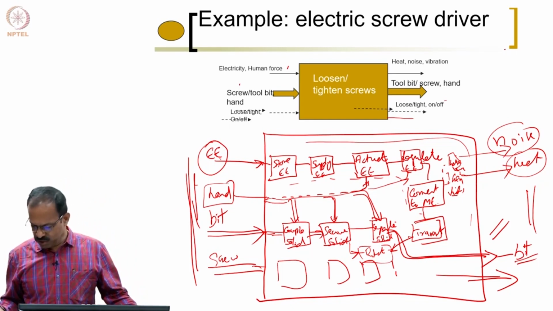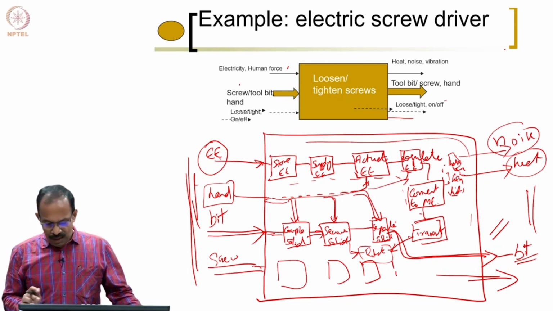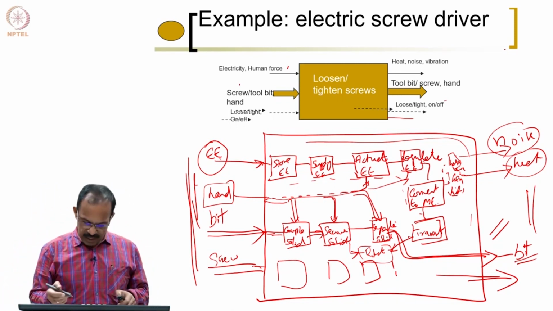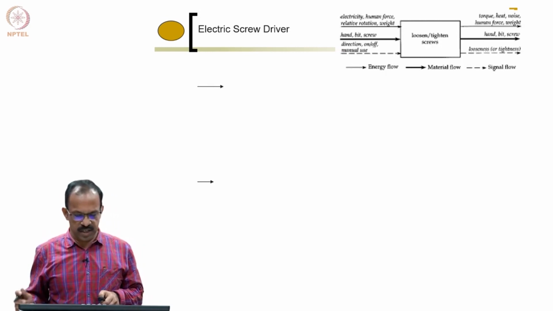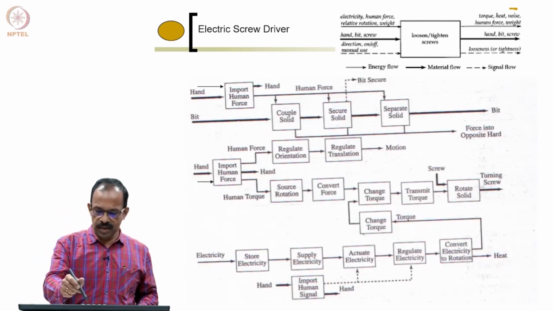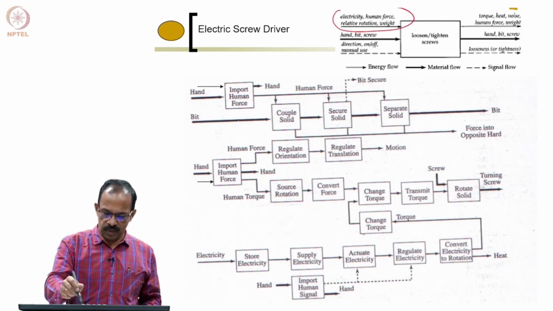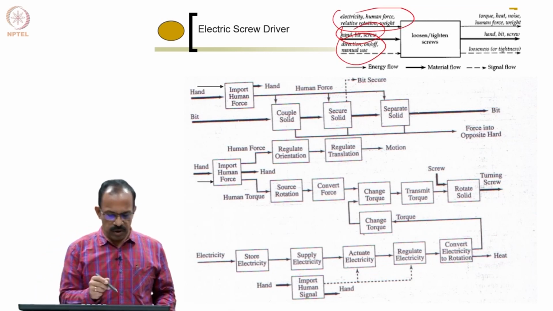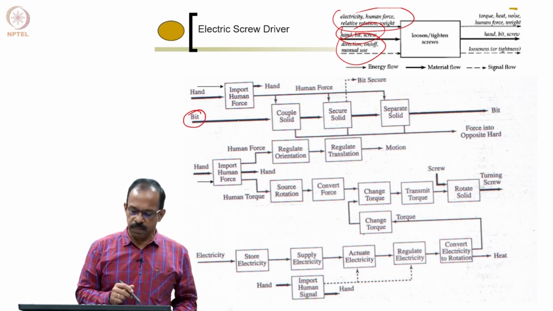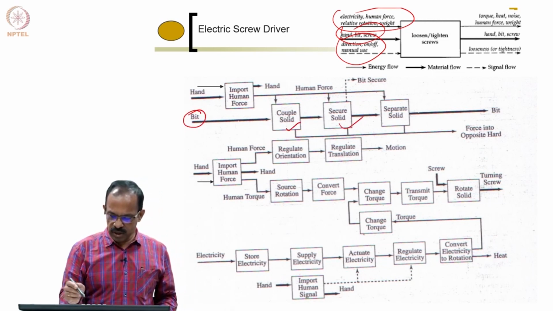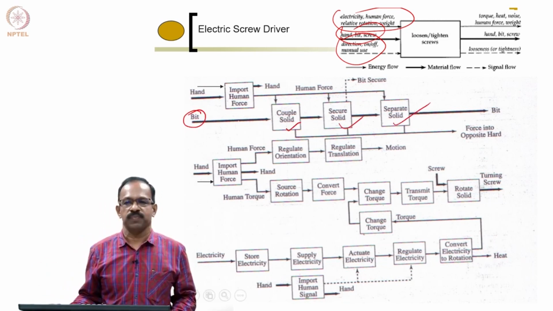I hope you understood this, and I will take this as a more detailed one. Let me show you the detailed explanation. This is the input, as I showed you, the input going and then the output. As I told you, the tool bit is coming, and then couple solid, secure solid, and separate solids.